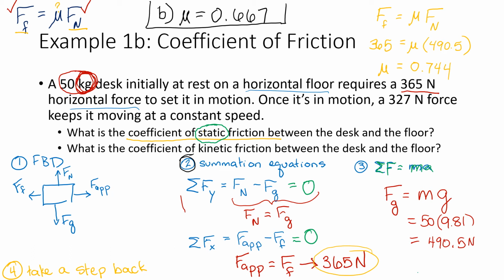So for the y summation equations, it's anything that's pointed up. For the x summation equations, it's anything that's horizontal. Yeah. So setting equal to 0 is kind of the third step, right? If it's not accelerating, then the net force equals 0. If it is accelerating, then we need to know the mass and the acceleration, and we plug in mass and acceleration.